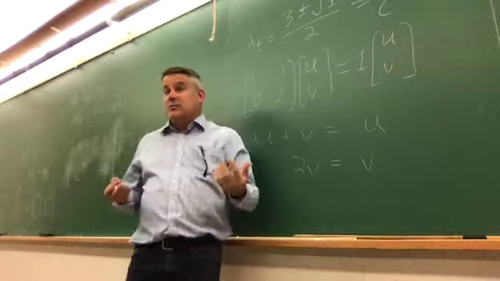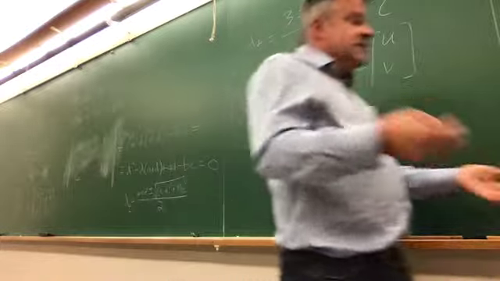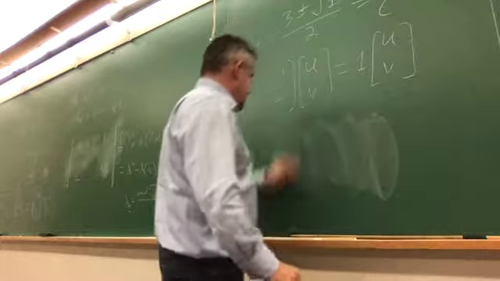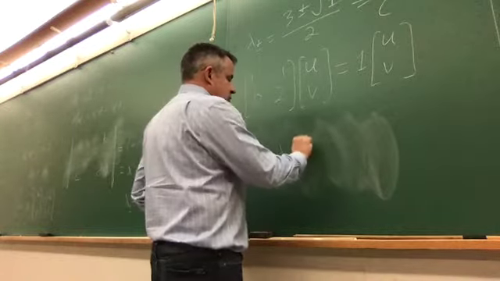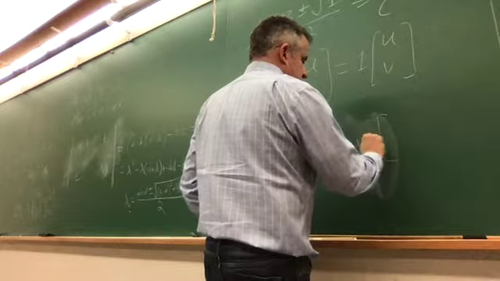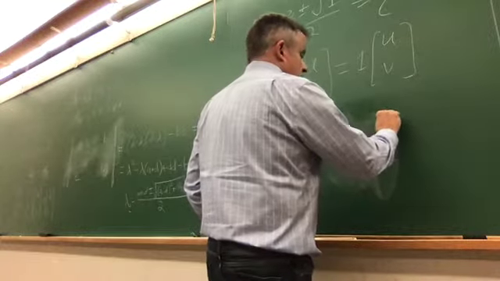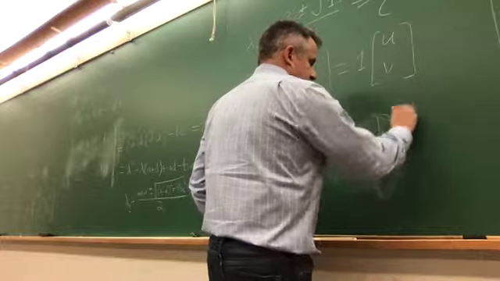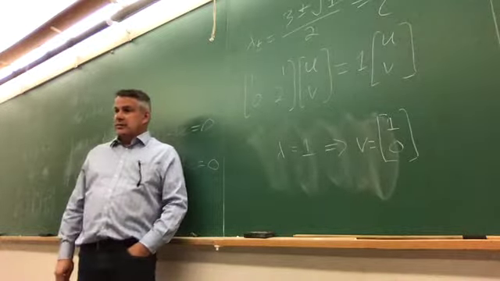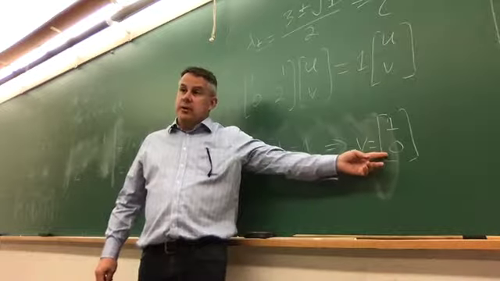So I can't possibly find that. So I can normalize it however I want, but let's just write it down. That we say for lambda equals 1, then v equals 1, 0. Because why not pick it to be 1? That's the one. The important thing was that 0 was 0.